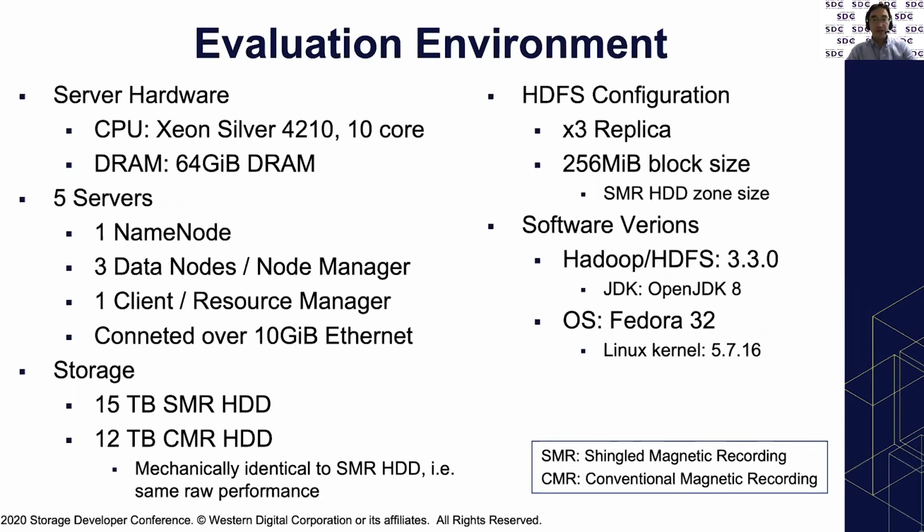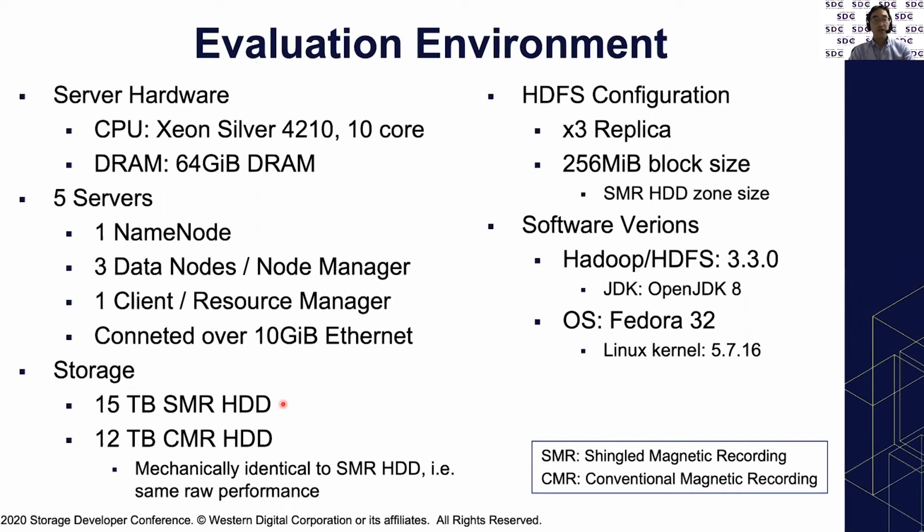This page lists up the setup of the evaluation system. Total number of the servers is 5. Each server has 10-core CPU and 64 GB DRAM. These 5 servers are connected with 10 gigabit Ethernet. 3 of the servers are DataNodes. Each of the DataNodes has 2 HDDs.